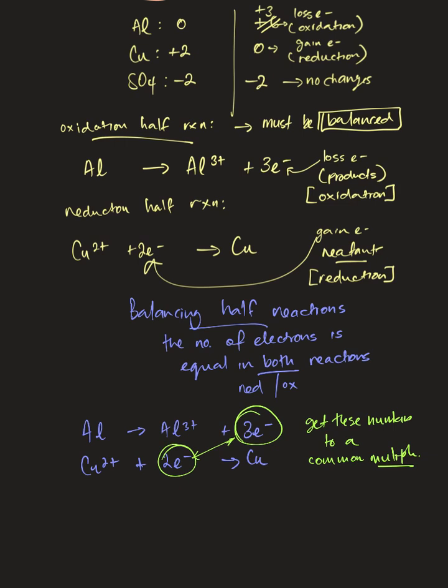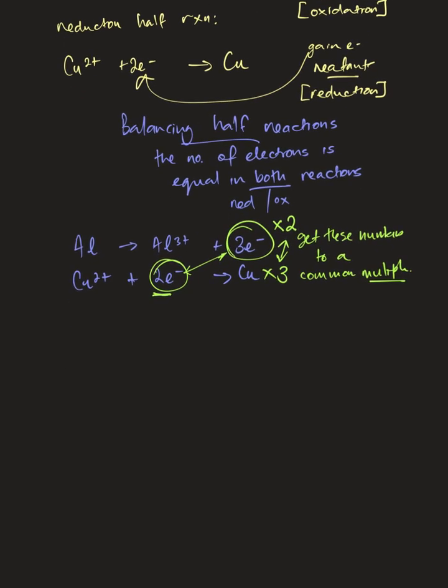Right? So what's going to happen here is I have to take everything on each one, and I need to make it 6. So to make this 6, I need to multiply it by 2. And to make this 6, I need to multiply it by 3. But by doing that, I must multiply everything. So we're going to multiply by the common multiple. Right. So now I'm left with 2Al gives me 2Al3 plus, 6 electrons.